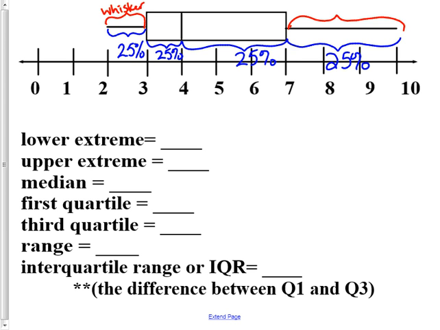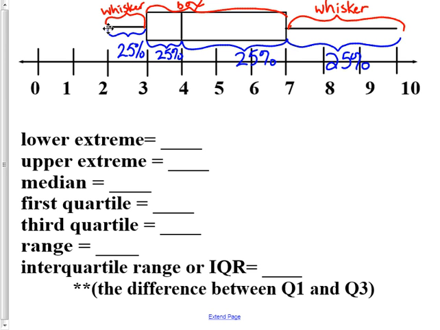It's closer together than the upper fourth of the data, which is represented by our whisker on the right-hand side. That data is much further spread apart. This center part from the first quartile to the third quartile is called the box, and it's because obviously it's shaped like a box.